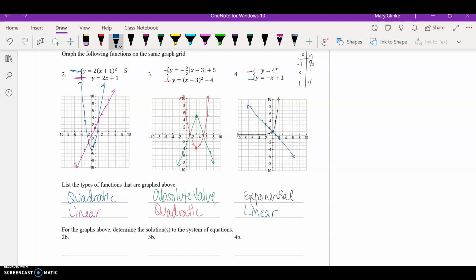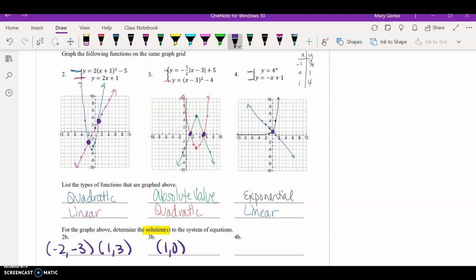Now, for the part B down there, the solution is going to be where those graphs overlap. So for each of these, you want to figure out where they are touching, and those are going to be your solutions. So for the first one, it's (-2, -3) and (1, 3).